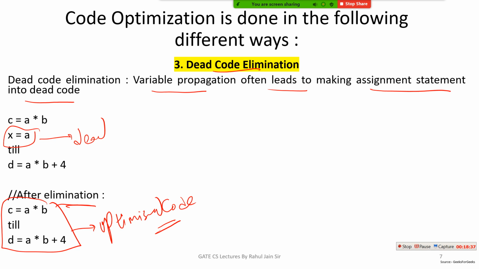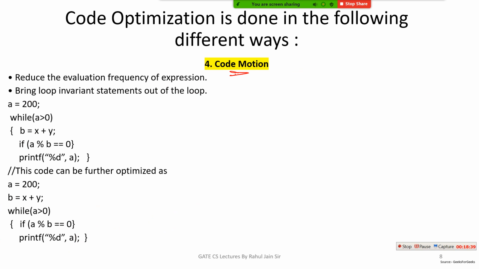Okay guys, the next one is code motion. The fourth type of code optimization is code motion. Code motion is very important as a part of programming in the IT industry, or if we talk about the algorithm and data structure part in the IT industry.